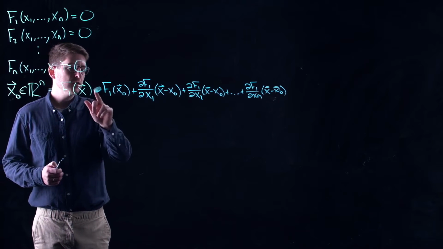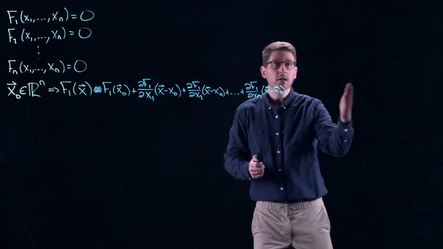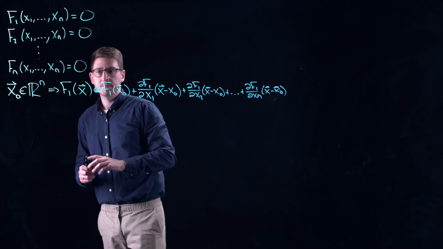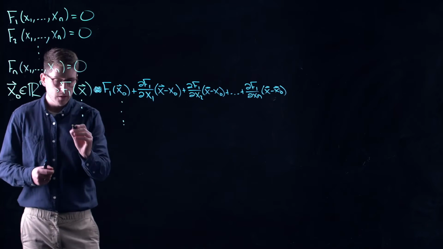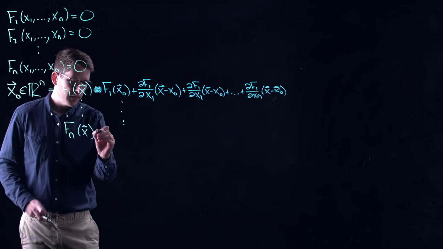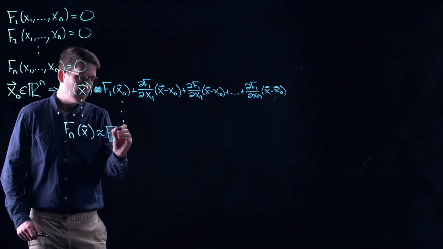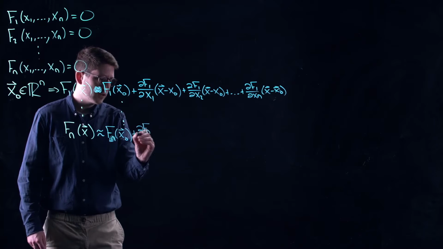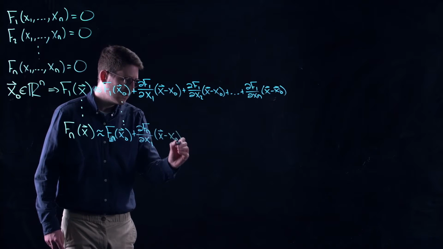And what I would like to do is an approximation by just a linear Taylor expansion. So I'm not even going to go to higher order terms here. This is just an equation of a plane. And then what I can do is the same thing for every single one of these functions. I can do this all the way down to fn of x, which would be approximated by fn of my guess, plus the partial derivative of that last function with respect to x1, x minus x naught.